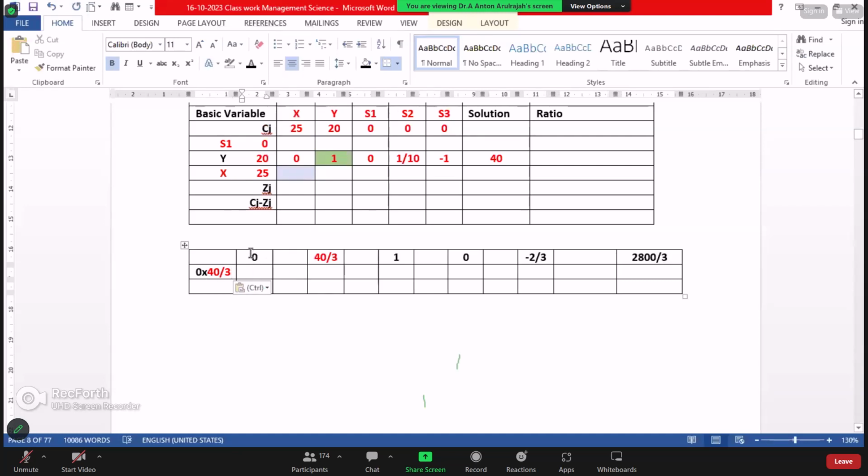Okay, that is how much? Is to multiply. That is about the same value.